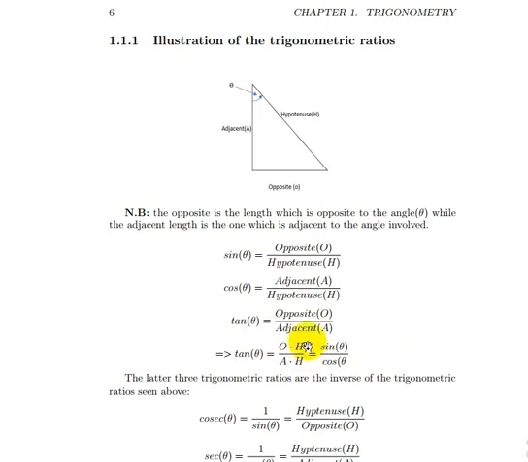So now tangent is opposite over hypotenuse times hypotenuse over adjacent. Opposite all over hypotenuse is the same as sine, and hypotenuse all over adjacent is the same as 1 all over cosine. So this implies that tangent is sine theta all over cos theta.